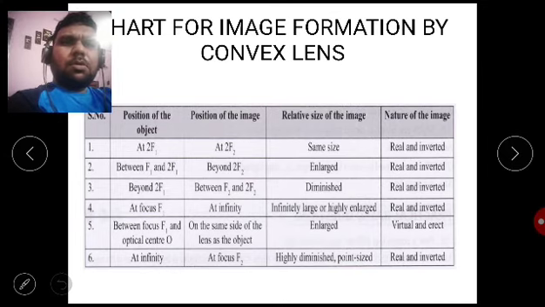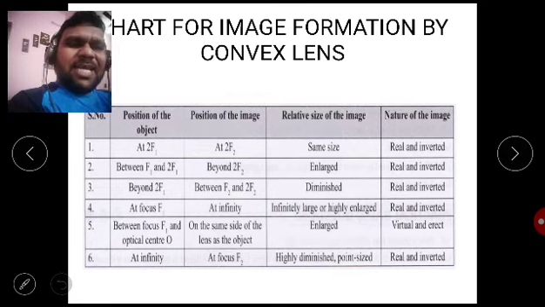We just need to understand that a convex lens forms a whole gamut of images. It forms real and inverted, it forms virtual and erect, of the same size, larger size, smaller size, diminished, highly diminished.